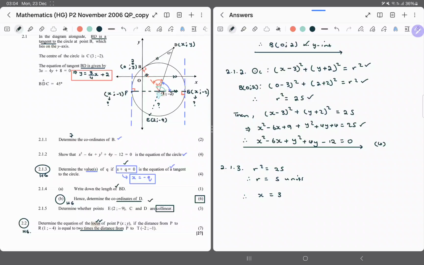Then we take 5 units back, so we subtract 5 here. Or x is going to be equal to, we take that 3, we just add 5. This means x is going to be minus 2, or x is going to be equal to 8. And those are the equations of the tangents.